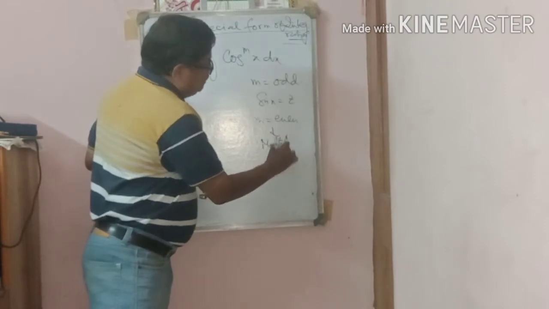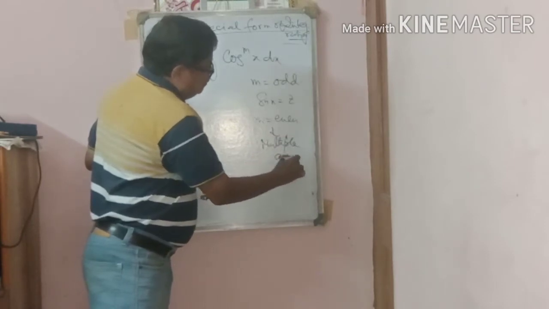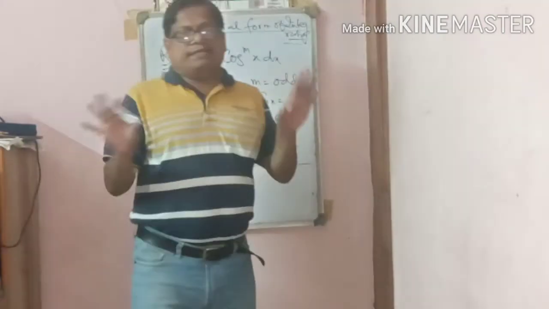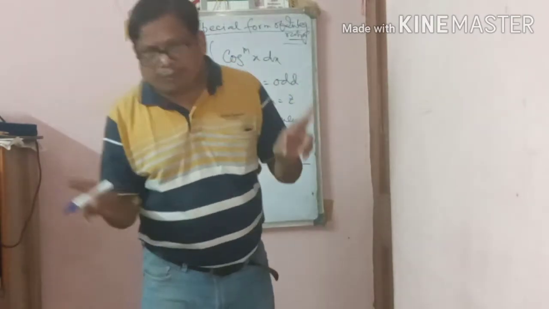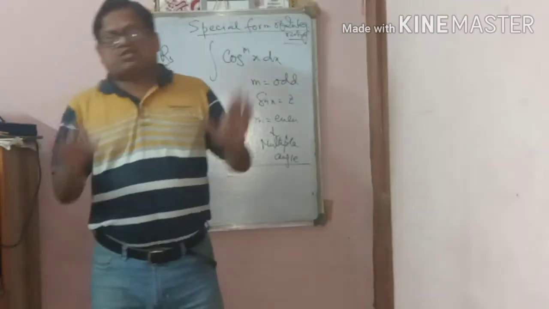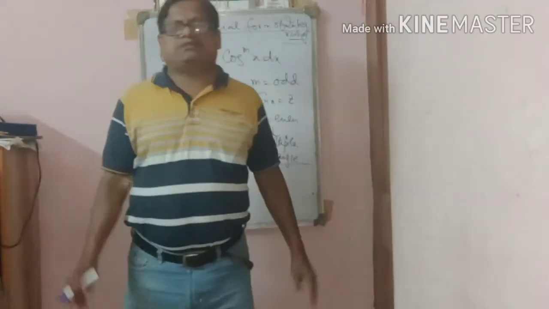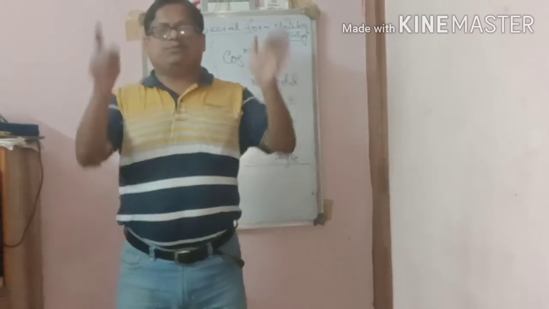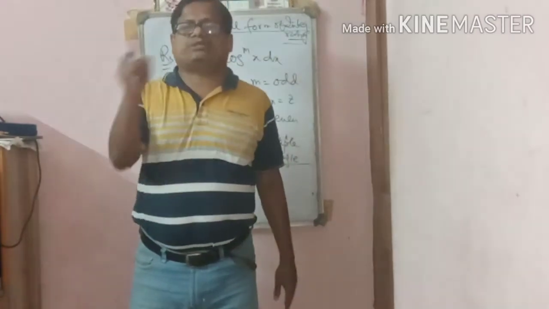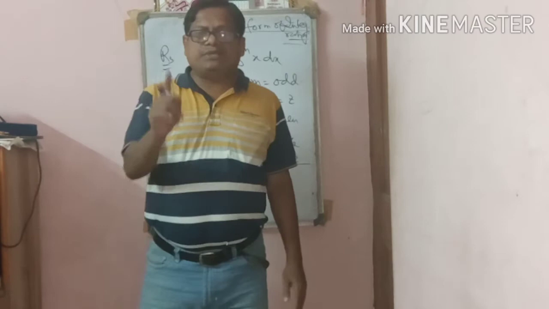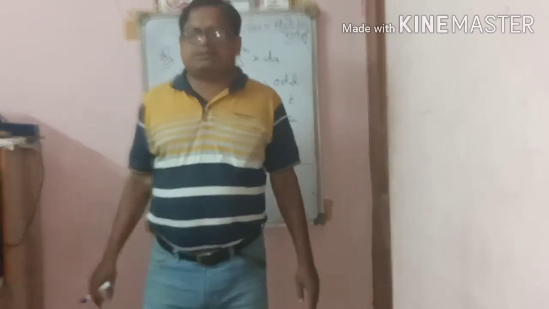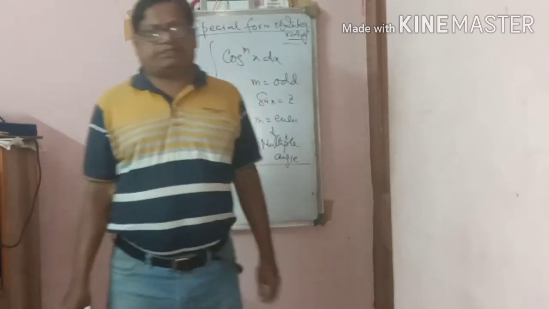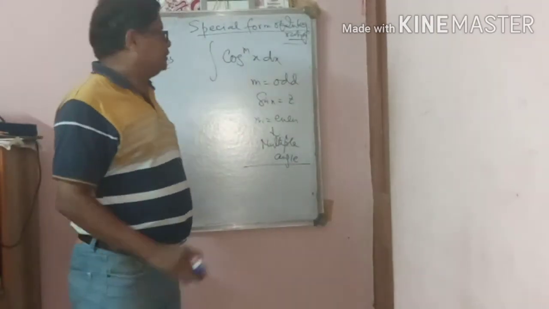So for cos to the power mx dx, if m is even, convert into multiple angle formula; if m is odd, put sin x equal to z.